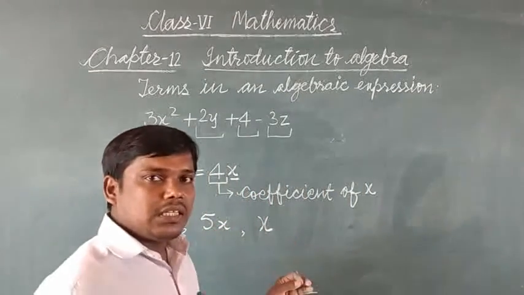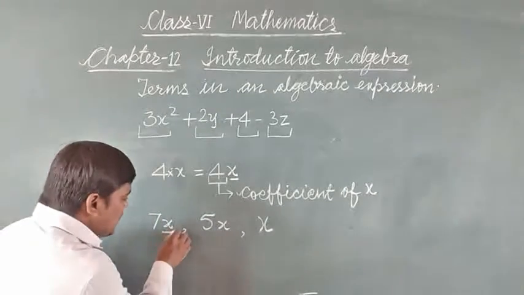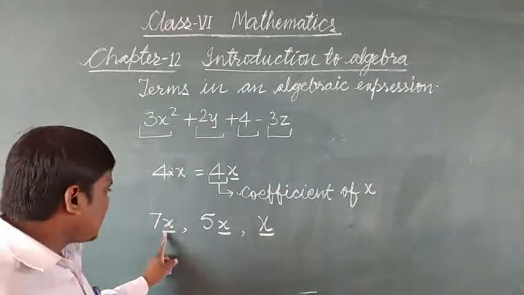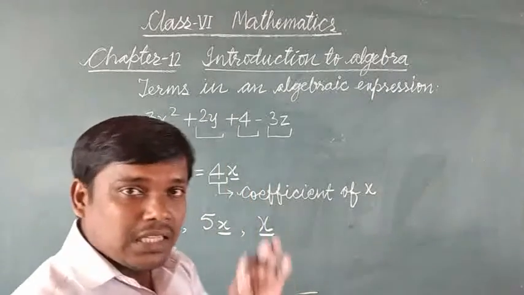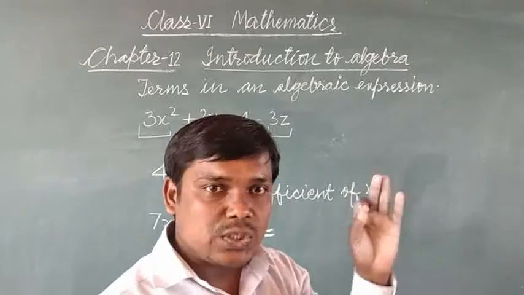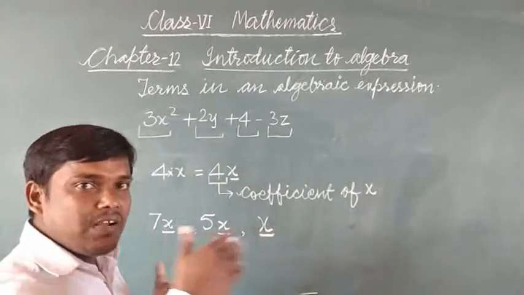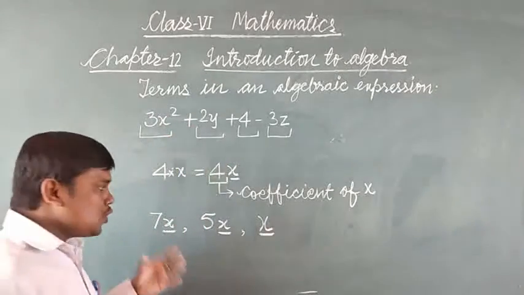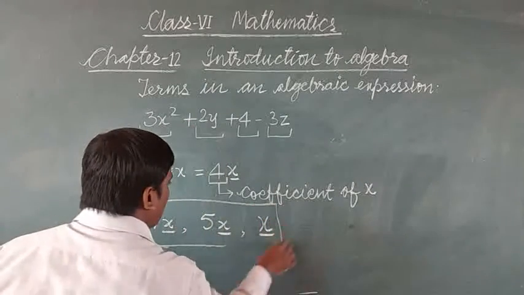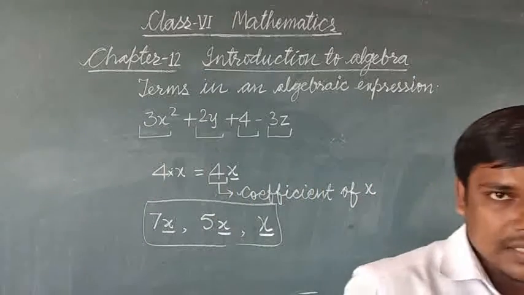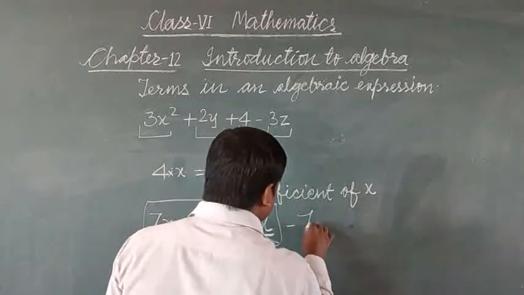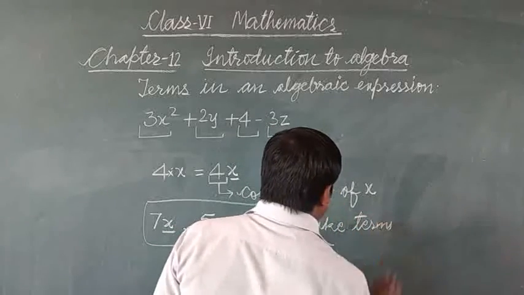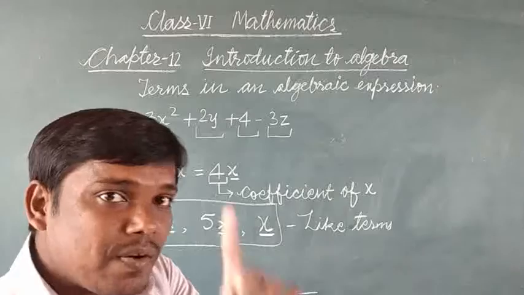In these cases we have the same variable x, but the numerical coefficients associated with the variable x are different, while the variable is the same. So these three are like terms. Why like terms? Because they have the same variable.